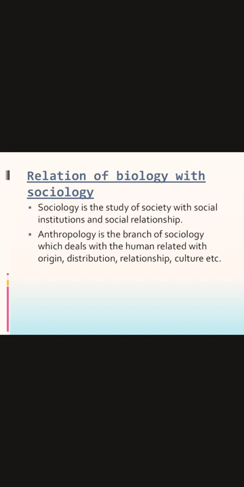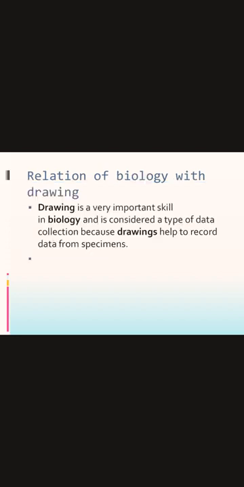And anthropology is a branch of sociology which deals with humans related to origin, distribution, relationship, culture, etc. The next one is the relationship of biology with drawing. Drawing is a very important skill in biology. As a biology teacher or biology student, they have to draw the structures of objects, right? It may be very helpful for making data for the specimen.